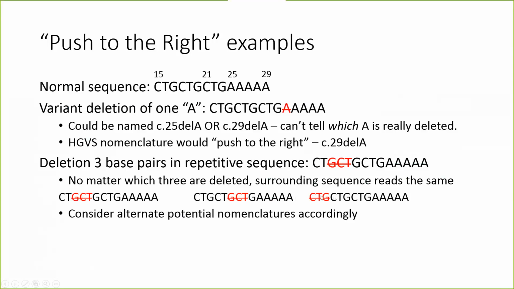If it's a CTG instead, it's going to be the same. So again, I would also take a creative approach to crafting alternate nomenclatures to use in a search string. If you delete the same amount of information and the surrounding sequence still reads the same, it just gives you more options and more potential to find the literature that you're looking for.